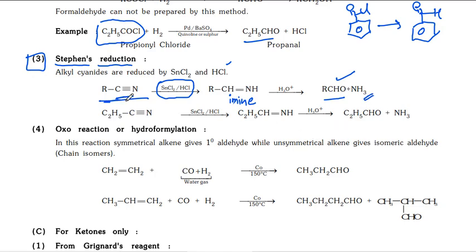What's happening here? This is a reduction. We are doing reduction of cyanide. C triple bond N was there before. So after reduction, it is forming imine. Then we are doing hydrolysis. In the hydrolysis, here hydrogen, here OH. In the last class we discussed two bonds are there, so two times hydrogen and OH.